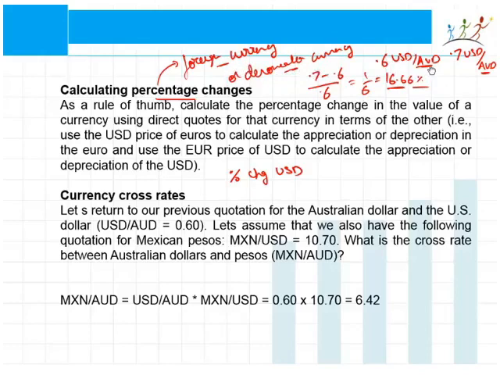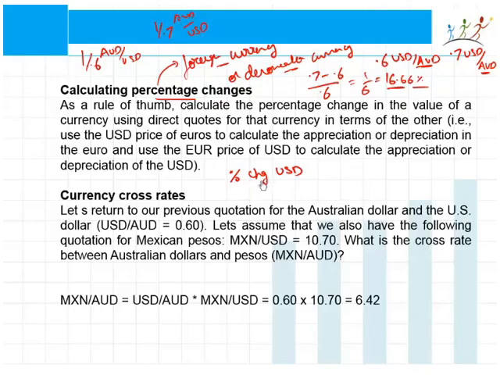So 0.6 USD per AUD can be written as 1 upon 0.6 AUD per USD. And similarly, 0.7 USD per AUD is the same as 1 upon 0.7 AUD per USD. 1 USD buys so many AUD.